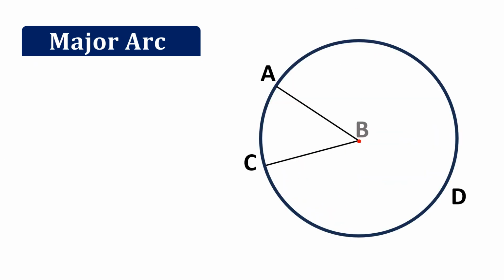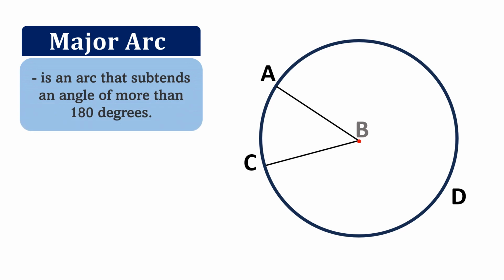Major arc. It is an arc that subtends an angle of more than 180 degrees. In this figure, the angle that is more than 180 degrees is angle ABC, which is a reflex angle. Therefore, the arc that subtends that angle is a major arc.